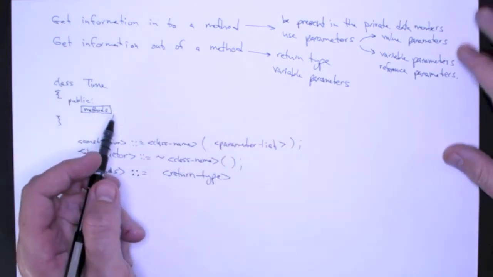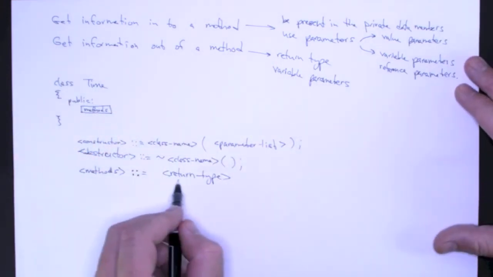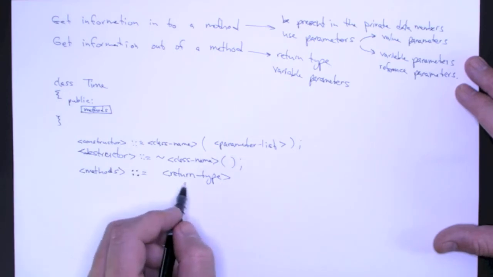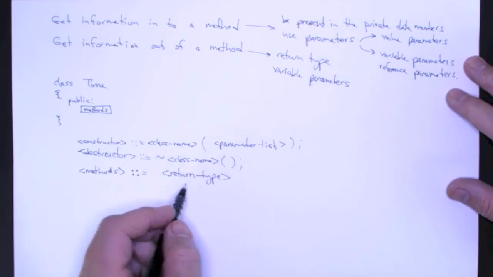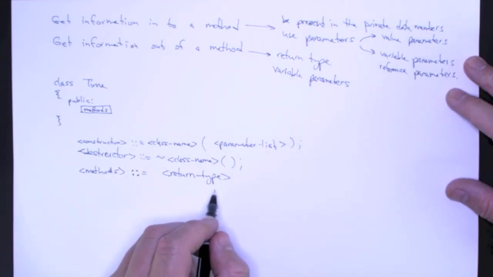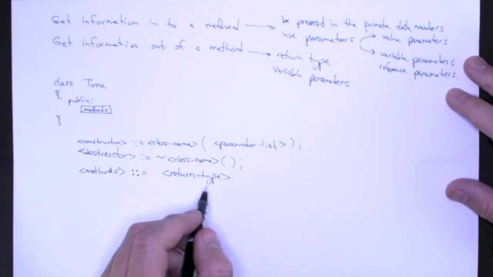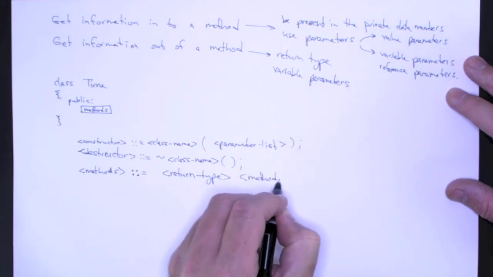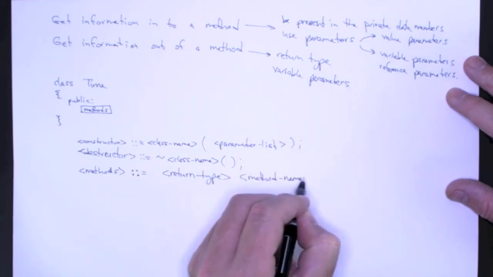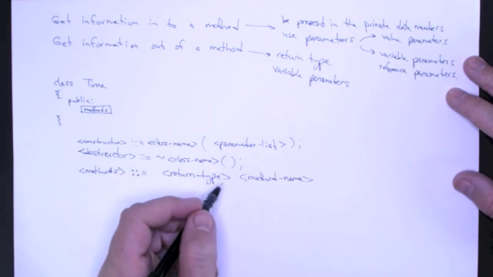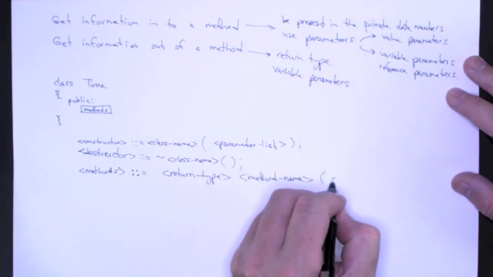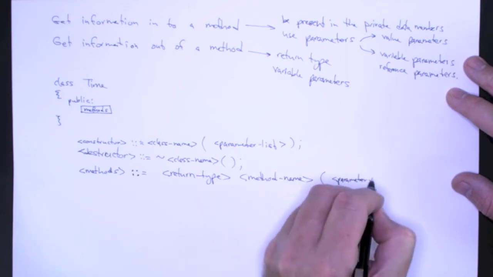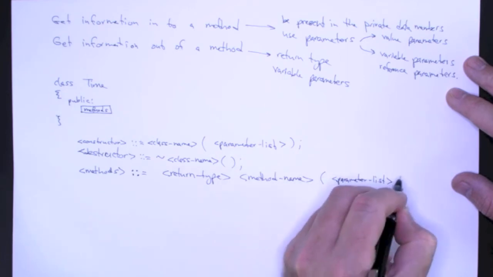A method that computes the average might just return the average in much the same way that the square root function returns the square root of a value. Then we have the method name, which could be, for example, average. And then we have the parameter list, just like that.